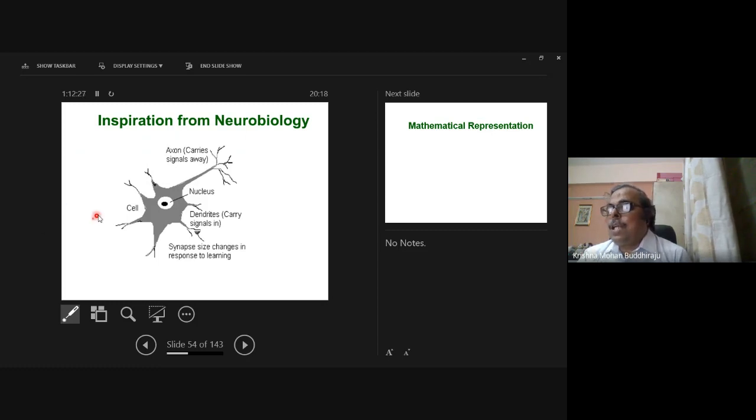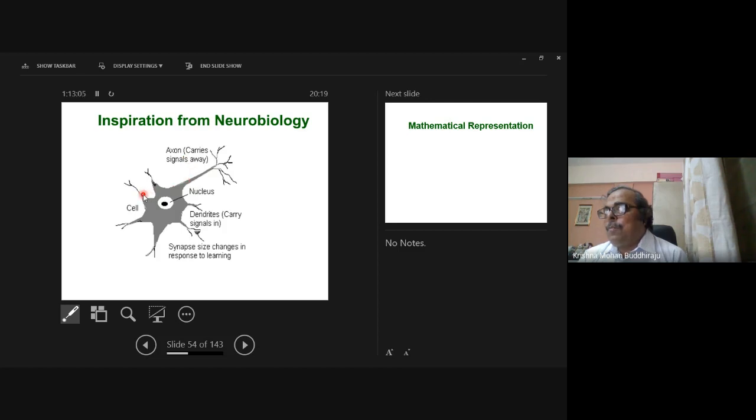The model is like this: it receives many inputs. Each input is scaled by some weights W. So sigma WI gets collected in the center called a nucleus. And if this total exceeds some limit, then an output signal is generated that goes through what is called an axon.